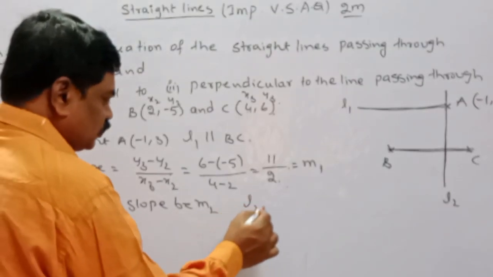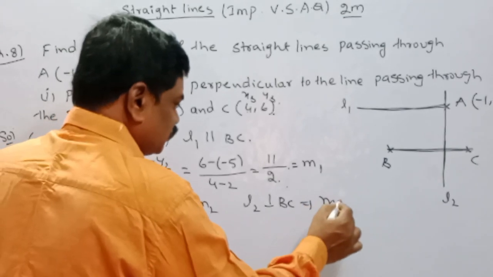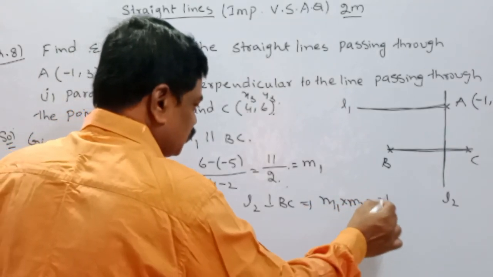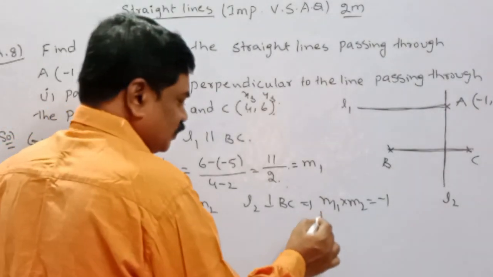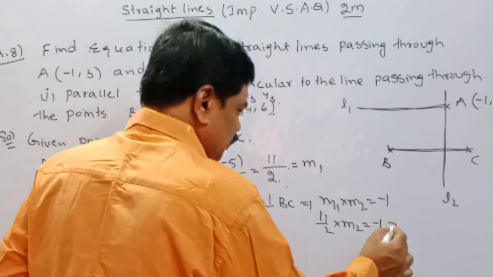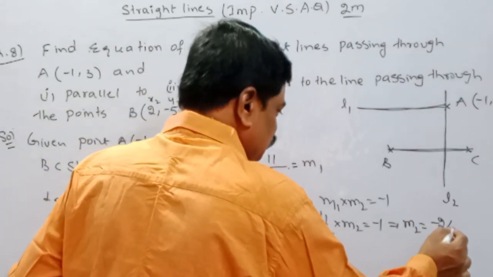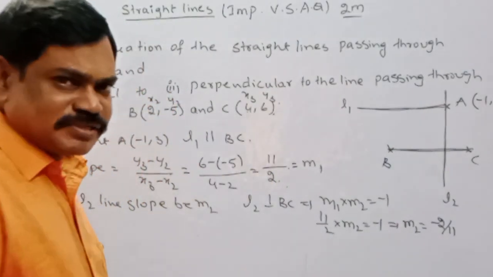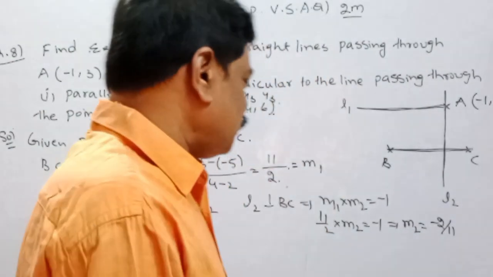So L2 is perpendicular to BC, which implies m1 into m2 equals minus 1. What is m1 here? 11 by 2 into m2 equals minus 1, which implies m2 equals minus 2 by 11.